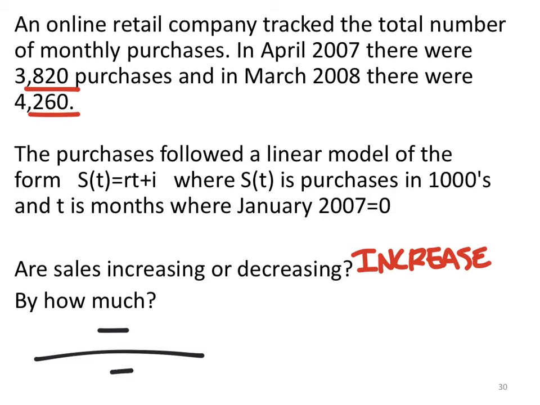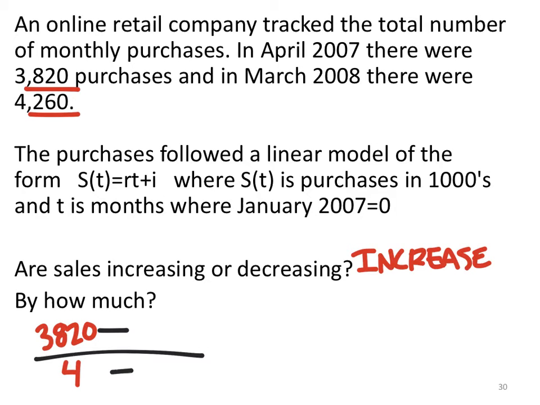And we can say, April 2007, that would be the 4th month, right? That's January, February, March, April. Yeah, 4th month, it was 3,820 purchases.